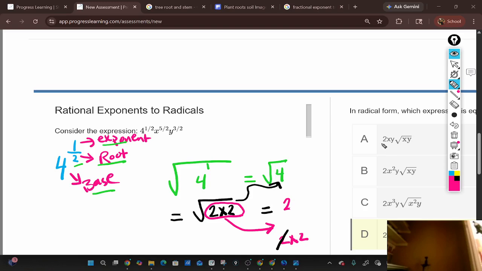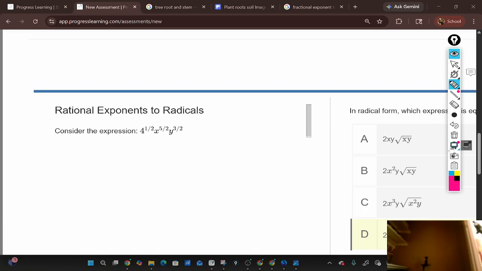And here we can see that in A we have 2, in the other options we have 2, so all the options have 2. So we will keep trying. Now let's talk about x to the power 5 divided by 2.